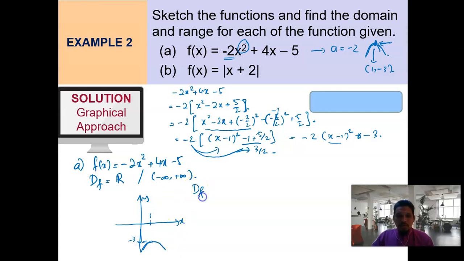So what is the domain of this function? The domain, already mentioned here, is from negative to positive infinity. And the range of f, the highest value of y, which is -3 here, to negative infinity.